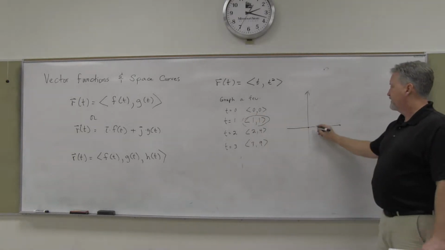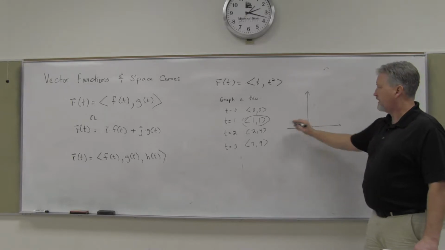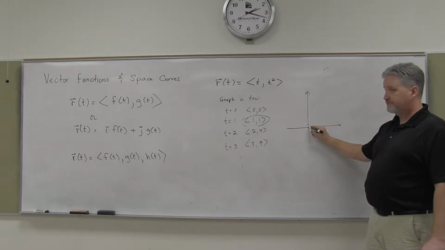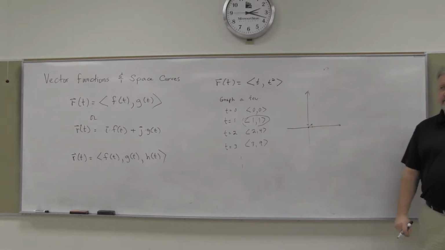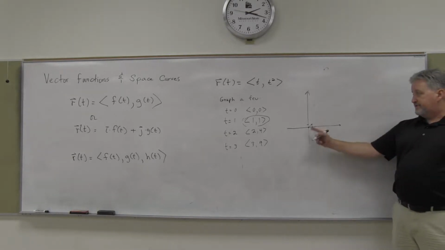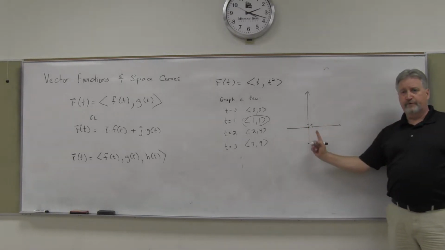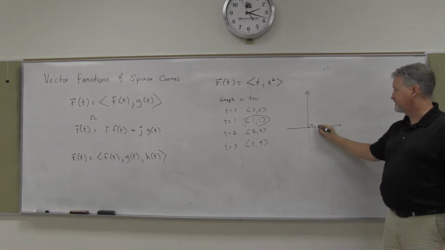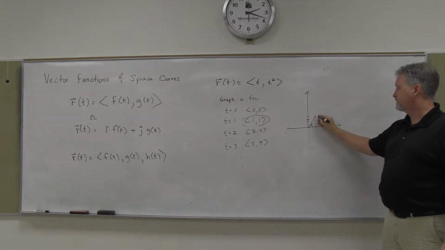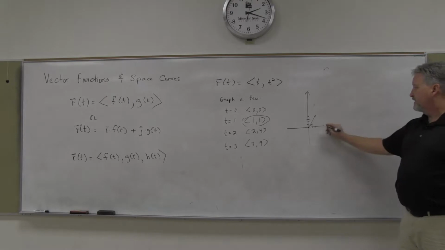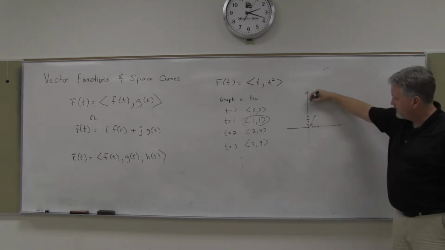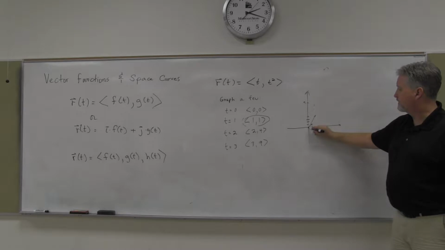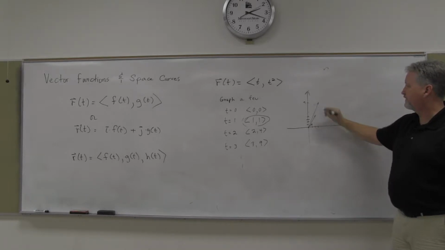We can draw 1, 1 in standard position: 1 horizontal, 1 vertical. 2, 4 gives us another vector, 2 horizontal and 4 vertical. And then with 3, we're up at 9, a different vector.